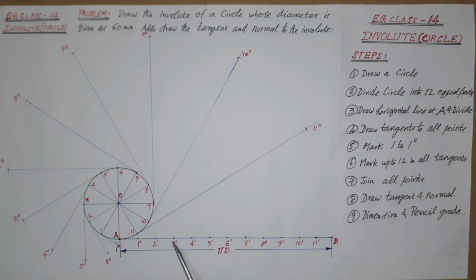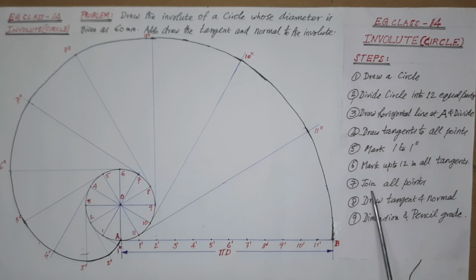Then A to 3 dash as length, mark it on the 3 to 3 double dash line. Similarly, A to 4 dash and up to A to 11 dash may be marked, that is, A to 11 dash as the length, mark it on the line 11 to 11 double dash as shown.